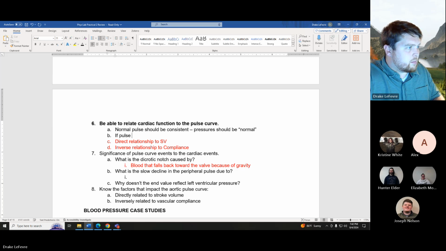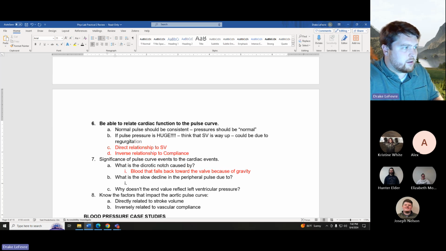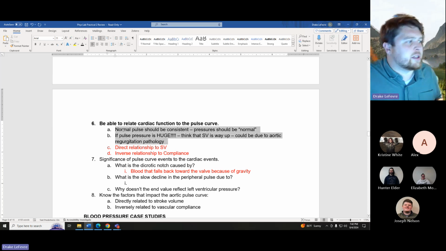If pulse pressure is huge, I think that stroke volume is way up. Could be due to regurgitation. This is mostly when you'll see it.